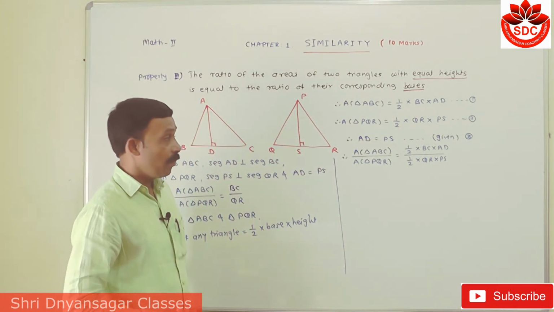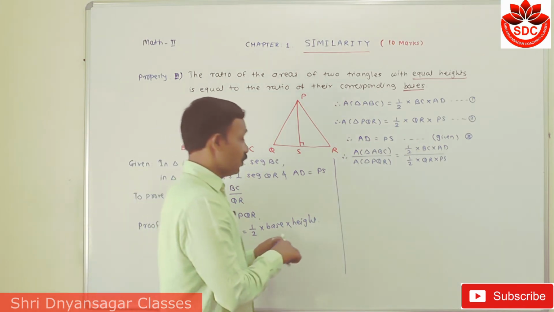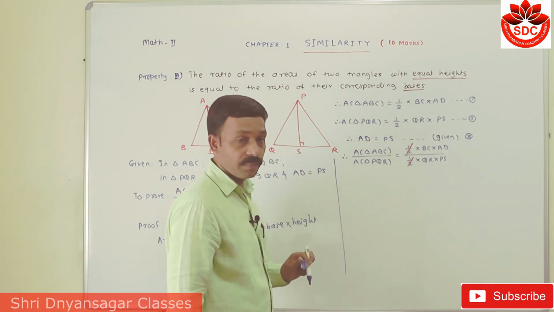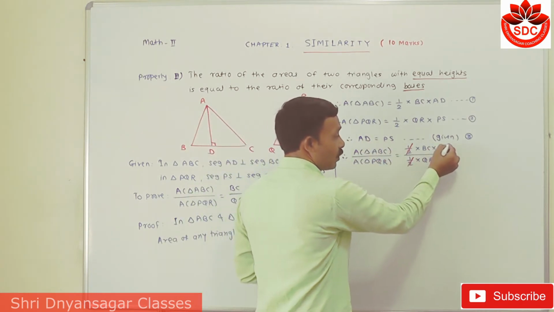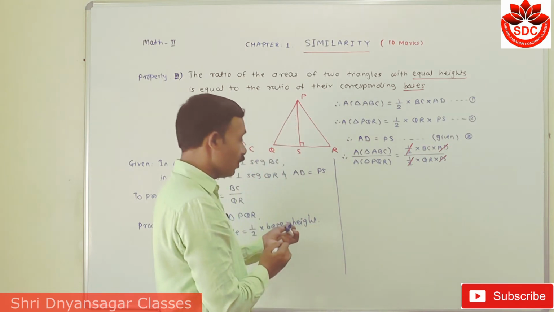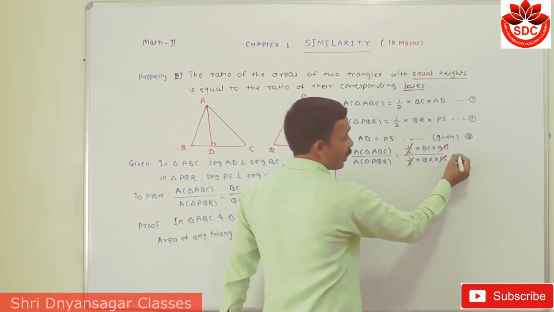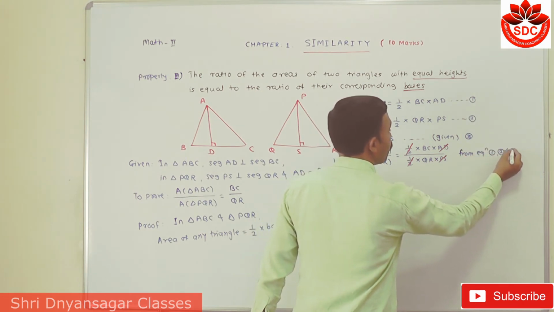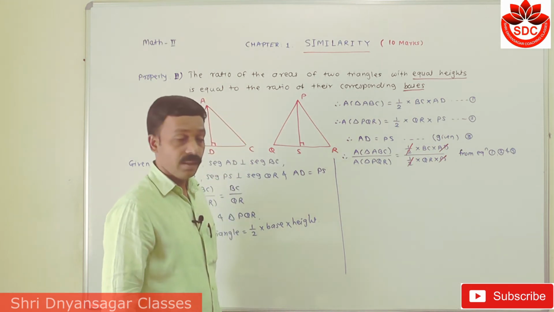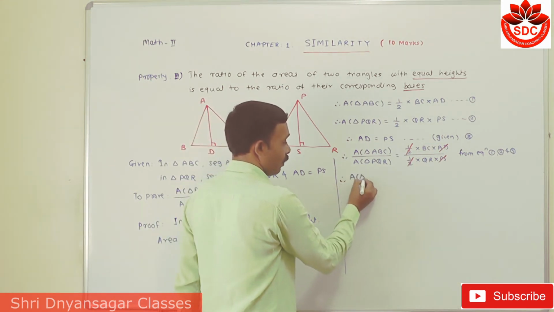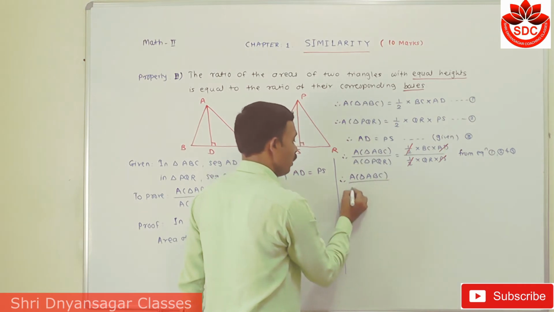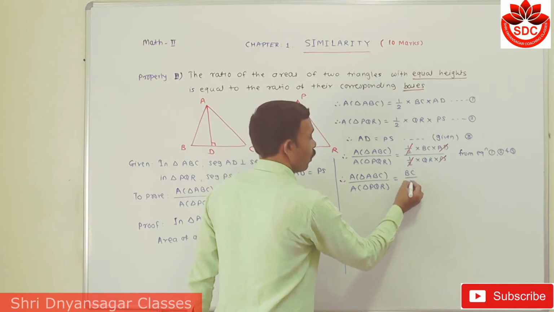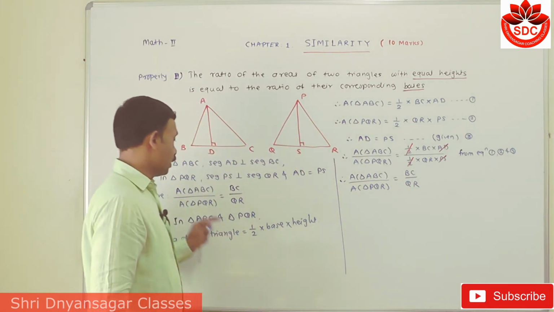Now students, by using the third, this half is equal here, so it gets cancelled, and AD is equal to PS also gets cancelled because they are equal. So from equations first, second and third, we cancel here. Therefore area of triangle ABC upon area of triangle PQR is equal to BC upon how much? QR. Hence it is proved.